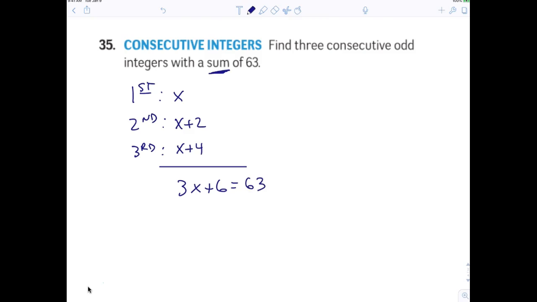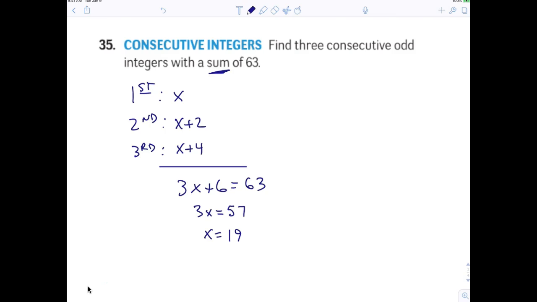Is everybody okay with this? All right. So now what do I do to both sides? Subtract 6. So 3x is equal to 57. So 57 divided by 3 is obviously 19. Everybody happy with that?